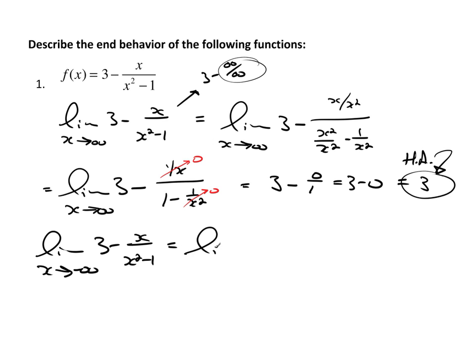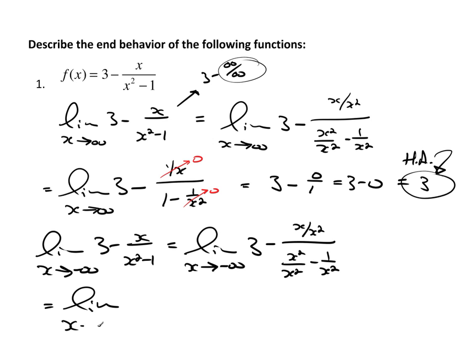Well, this is going to be equal to the limit as x goes to negative infinity of (3 minus x) over x squared, over x squared over x squared minus 1 over x squared, which is equal to the limit as x goes to negative infinity of 1 over x, I keep doing that, over 1 minus 1 over x squared.